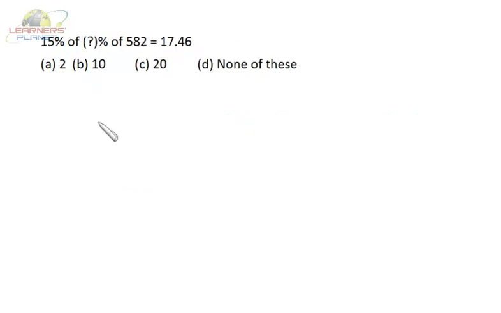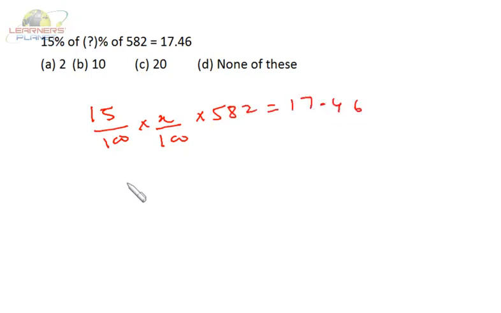Now let's see this question. 15% of x% of 582 is 1746. So it's 15 by 100 into x by 100 into 582 is 17.46. That means 15 into 582 into x is equal to 174600.